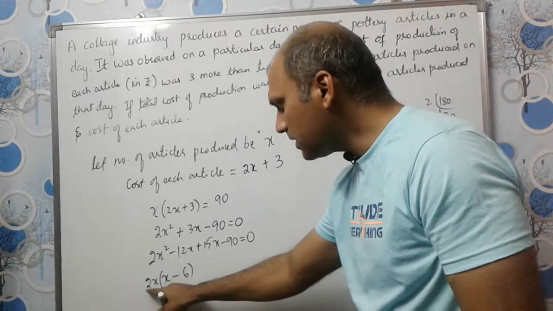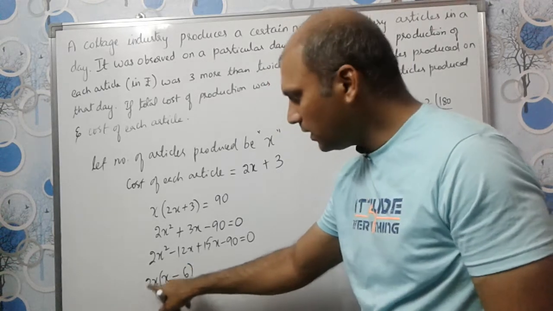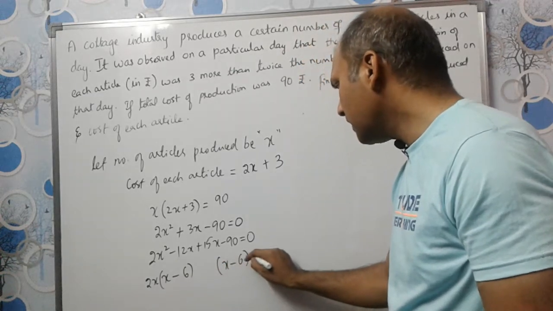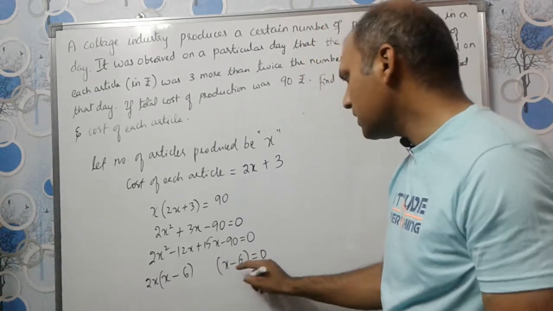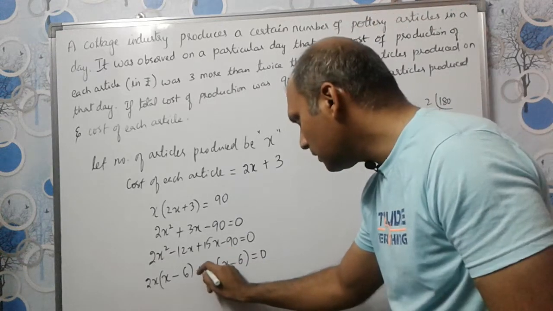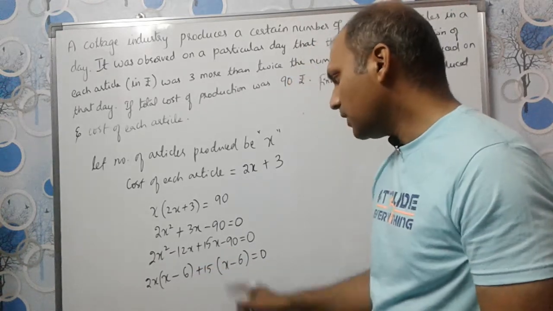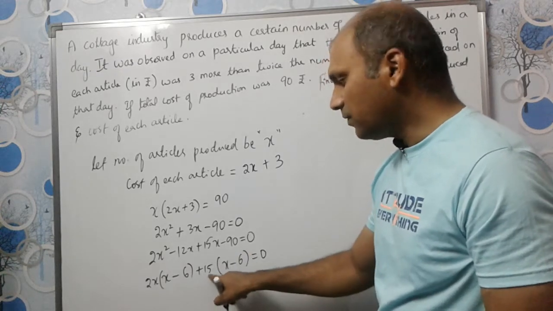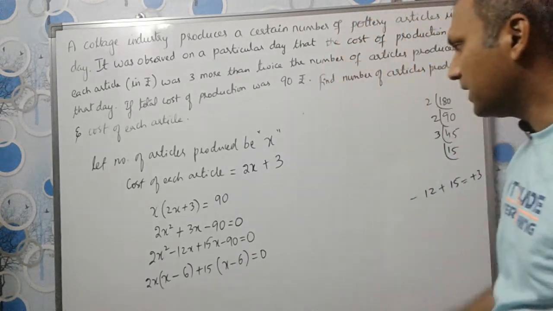If you are having doubts, just multiply: 2x into x is 2x squared, 2x into 6 is 12x. Whatever we get inside the bracket, we will have the same thing here also, x minus 6, outside the brackets plus 15, because we need plus 15x.